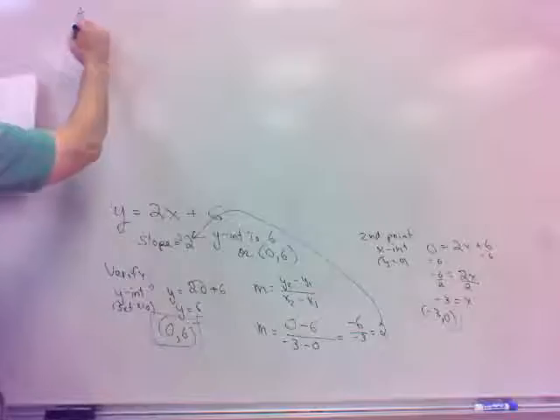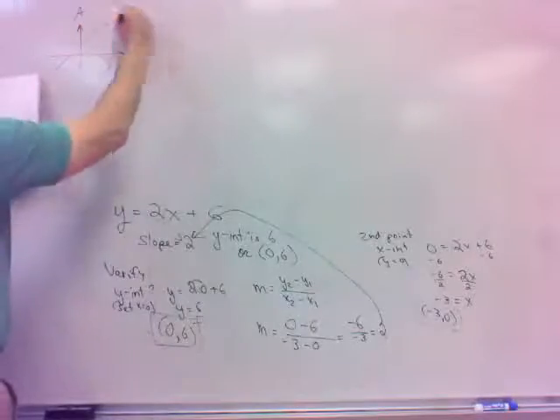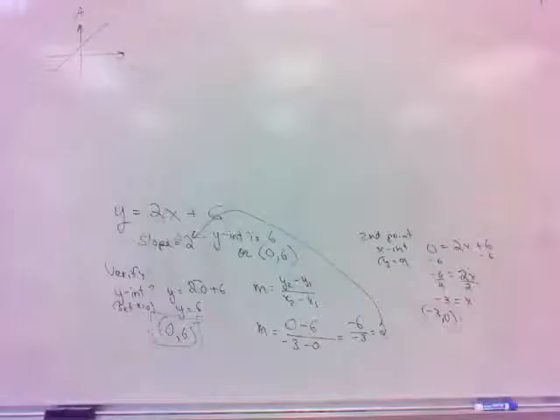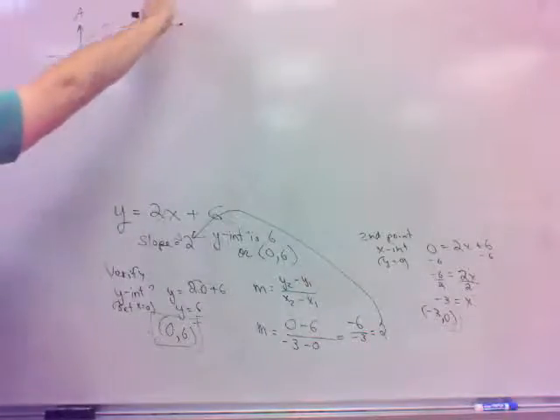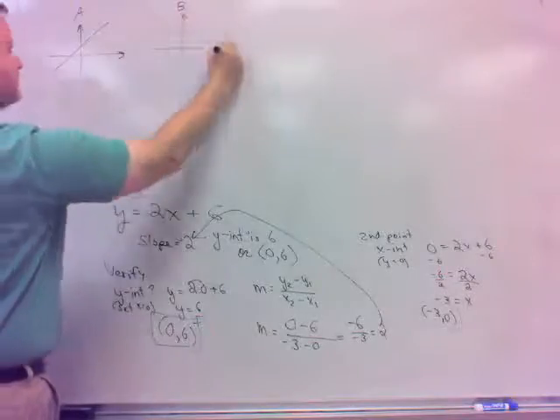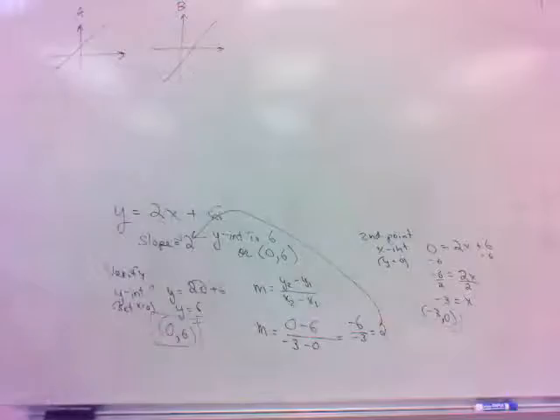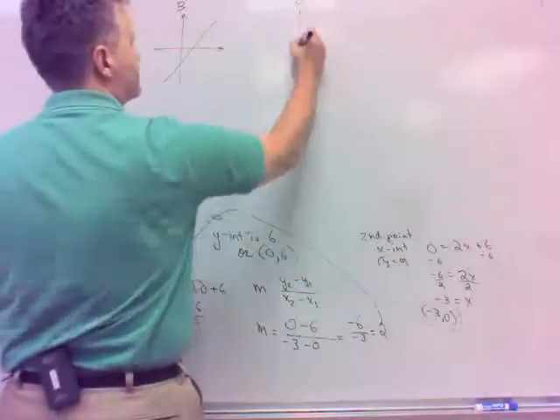A graph is this one. It kind of starts in quadrant 3, cuts across quadrant 2, and goes to quadrant 1 like that. B is similar, but it starts in 3 and cuts through 4, then to quadrant 1. And then C does this.